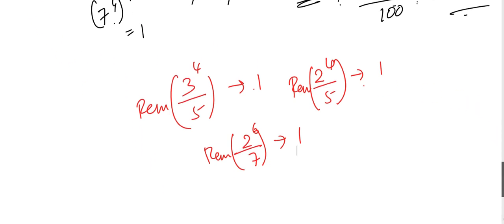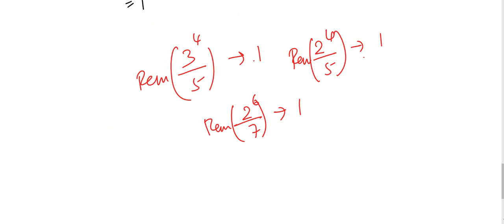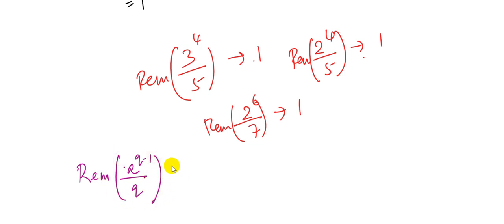So this means that if I have a number a to the power q minus 1 by q, the remainder of this will be equal to 1 if q is what?